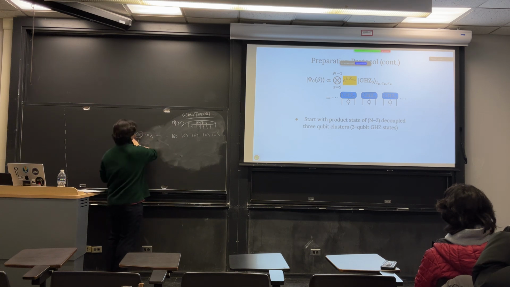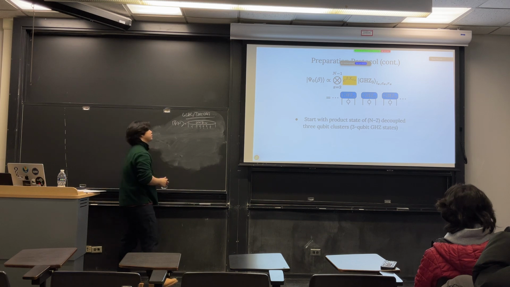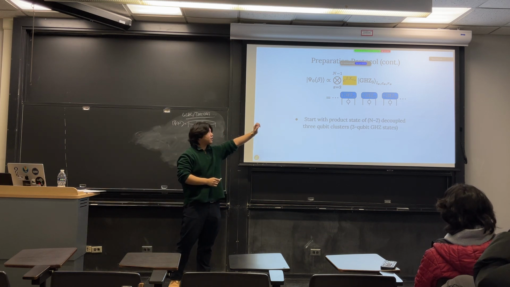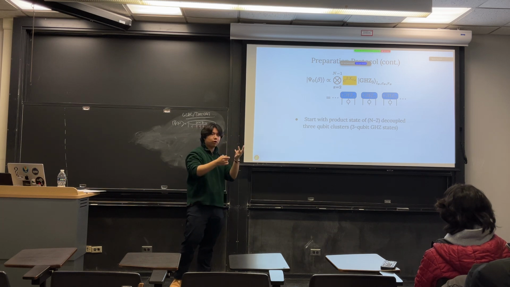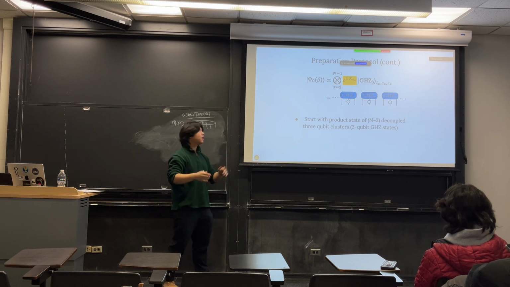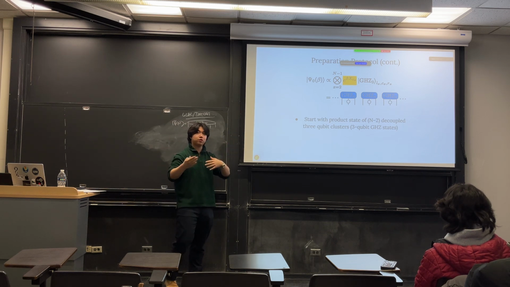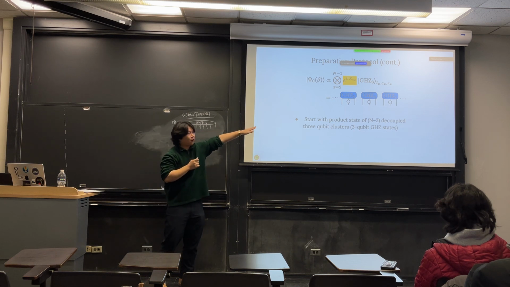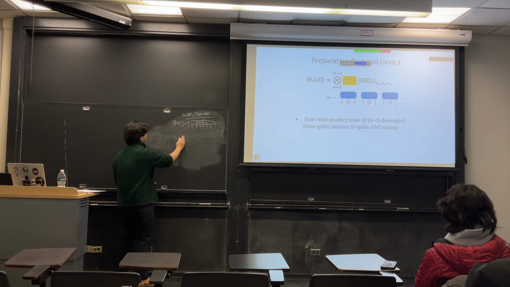In our case, what we want is decoupled 3-qubit clusters, and each of these clusters is actually a GHZ state itself. This is reasonable because creating GHZ states with a small number of qubits is fine. But once we start to increase the number of qubits, that's when it starts becoming hard. So the goal is to start with this easy platform and achieve this state that's difficult to create, using quantum measurement and finite-depth local unitaries.